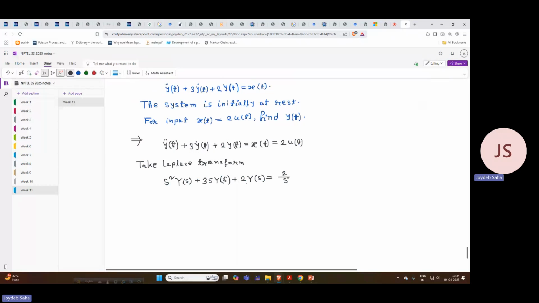Is it clear? Now what can we do? We will take common Y s from here and proceed, right? So let us do it.